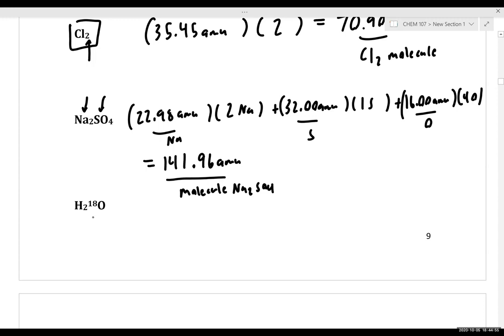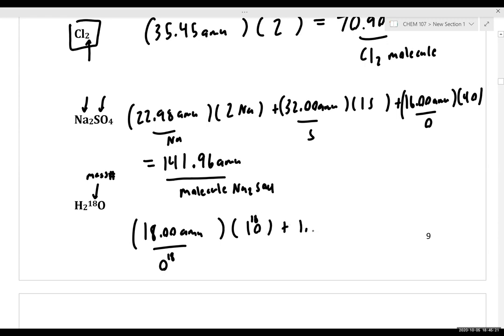In this case, H2O18. So we know we have 18.00 AMU per O18 atom. Remember, this 18 is telling us our mass number, which is pretty close to the atomic mass for that isotope. We have 1 O18 atom.